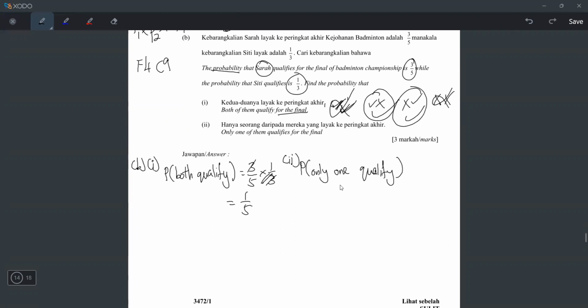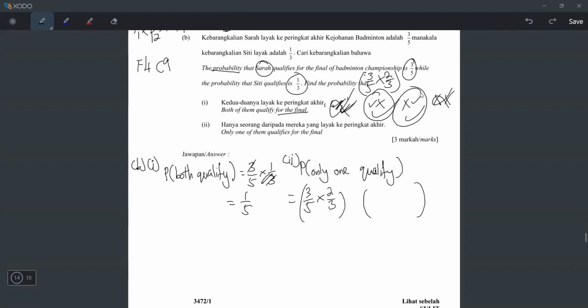One qualifies means that I have to do Sarah qualifies and Siti does not qualify, or Sarah does not qualify and Siti qualifies. So let's do this first. Sarah qualifies, so 3/5. And then what is the probability of the second person Siti not qualifying? It's not 1/3, it's 1 minus 1/3 because the 1/3 is for qualified, so it's 2/3. Then times, so 3/5 times 2/3.